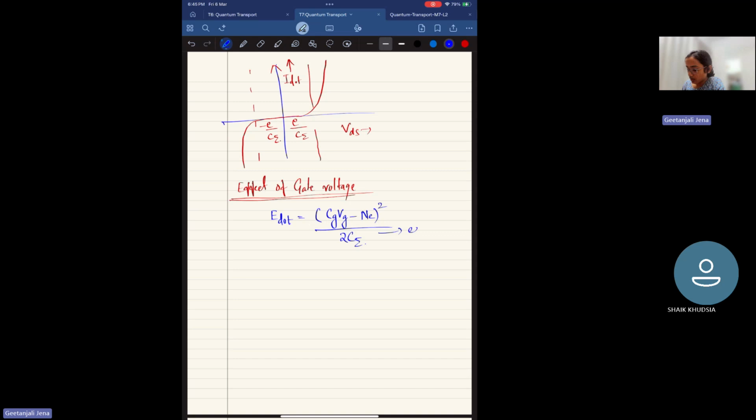This is the equation of a parabola. When we vary this gate voltage, we'll see that this parabola will shift in the voltage direction because we are increasing the gate voltage.